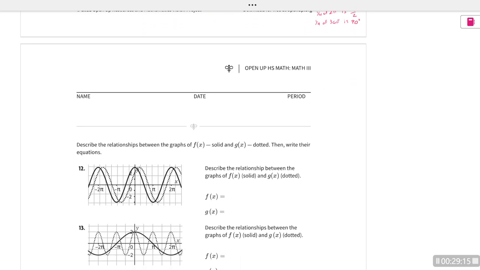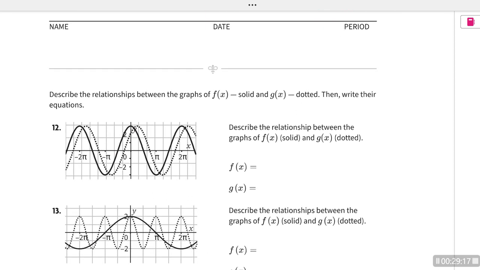Okay, question 12 says describe the relationship between the graphs of f of x, which is the solid, and g of x, which is the dotted. Then write their equations. So for number 12, we see that they certainly look like they have the same period, the same amplitude, the same midline.